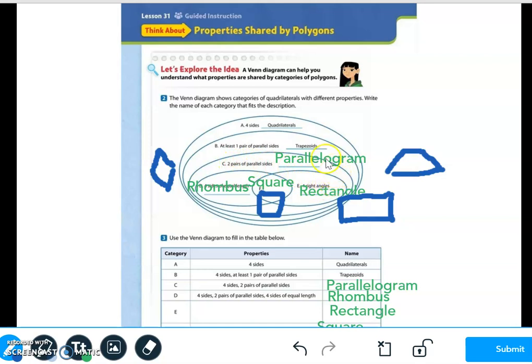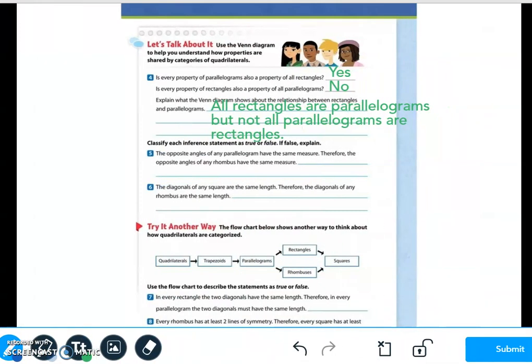But not all parallelograms will be rectangles. Just like we see here, we have a parallelogram that is not a rectangle. But this one here is a rectangle. So to answer our question, all rectangles are parallelograms, but not all parallelograms are rectangles.